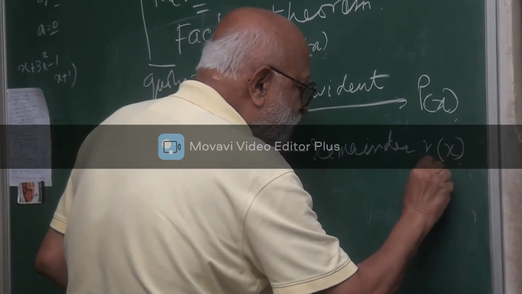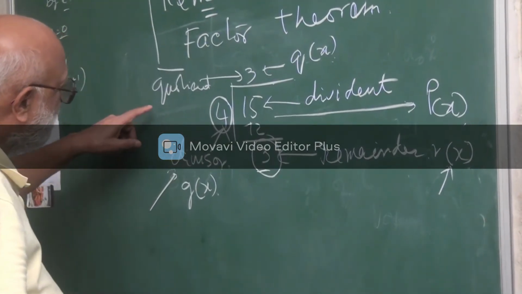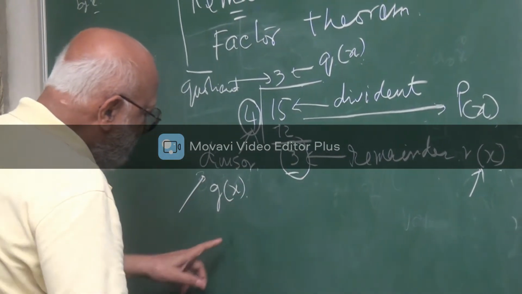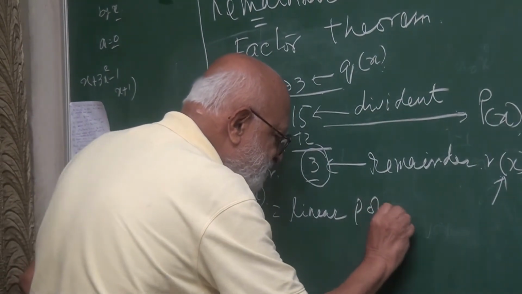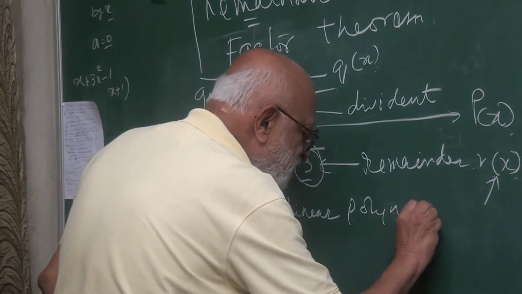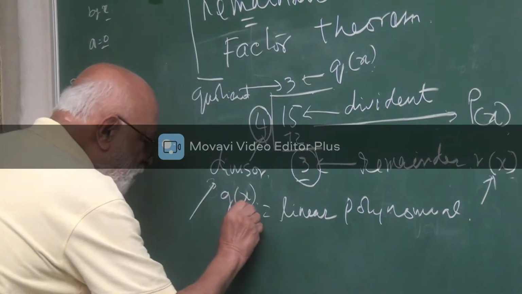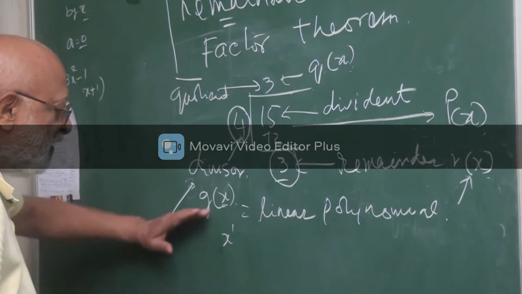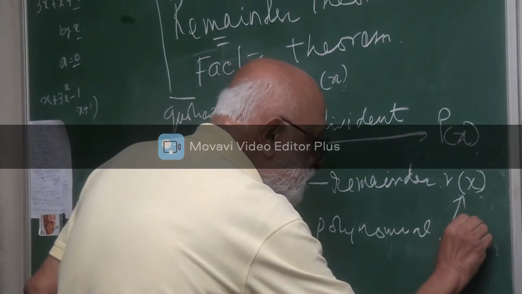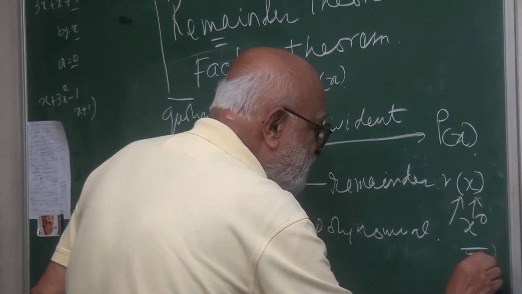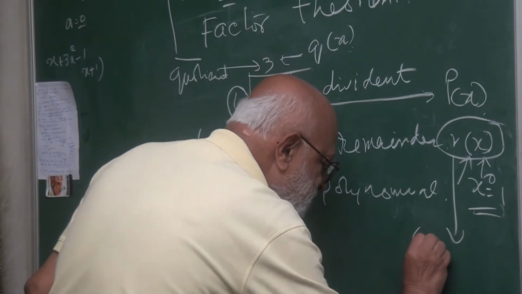But this r(x) is not possible in general. Why? Because the divisor g(x), as we are discussing today, will be a linear polynomial. So its power will be x to the power 1. If the remainder is lower than that, then the power has to be x to the power 0, which is equal to 1. That means r(x) will always be a constant.